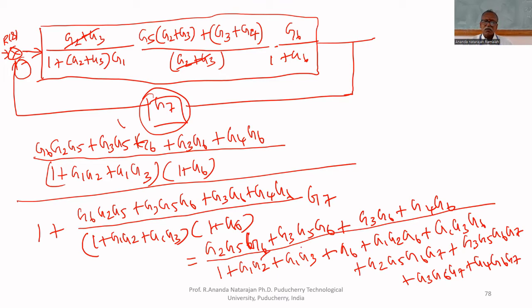How many elements? 1, 2, 3, 4, 5, 6, 7, 8, 9, including this one, 10 elements. That's all.